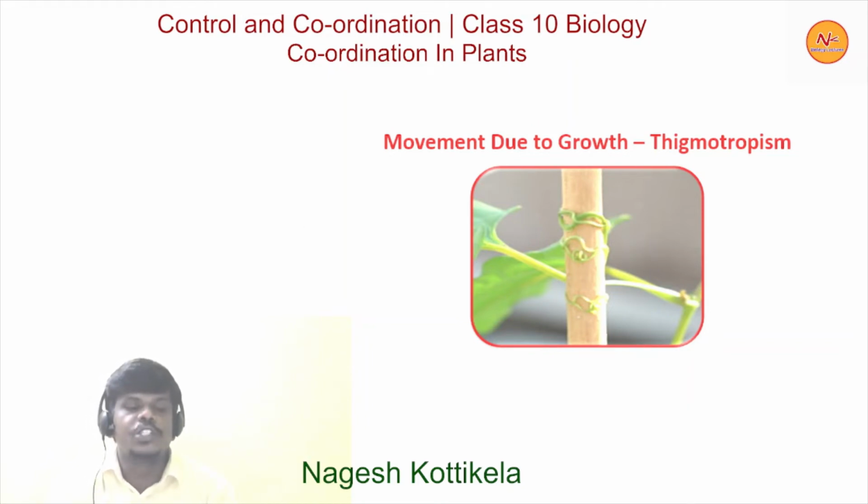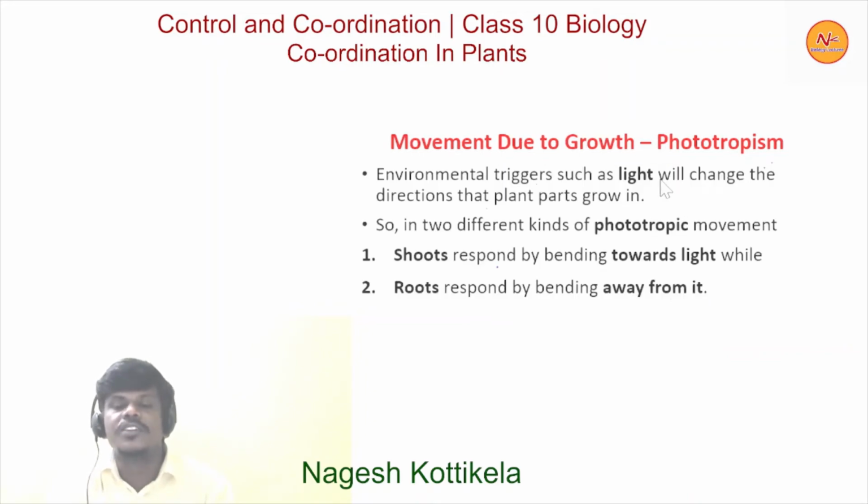Now moving to one more example. This is Phototropism. This is also movement due to growth. Here photo means light and tropism is a directional movement. Environmental triggers such as light will change the directions that the plant parts grow in.